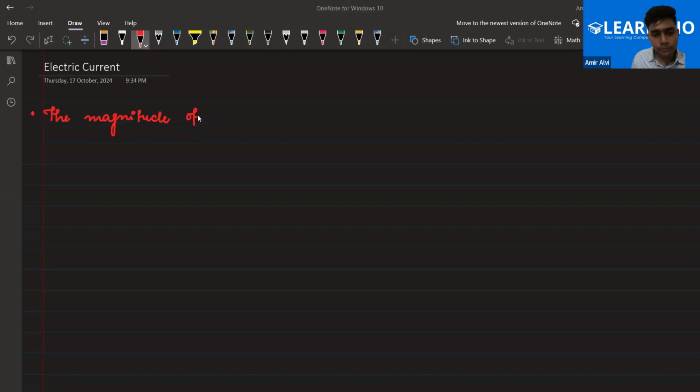Magnitude of electric current in a conductor. Just a second, my hands are a little bit slippery right now.